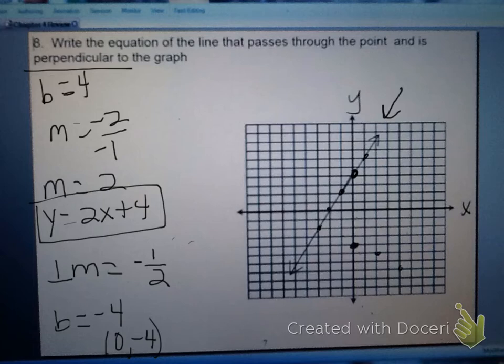Down 1 to the right 2 again. Or I can go up 1 and backwards 2. And there is my line. Oops, I'm a little off.